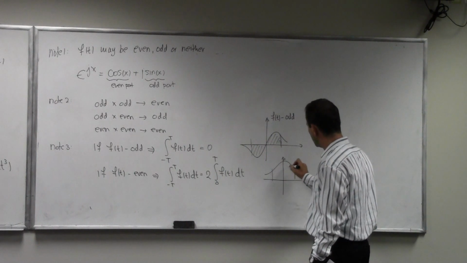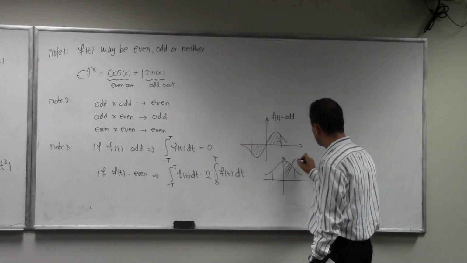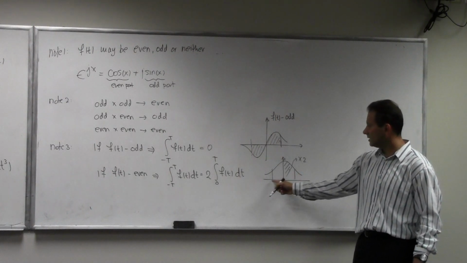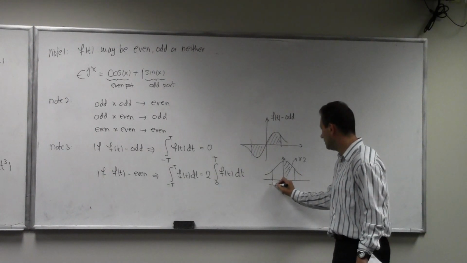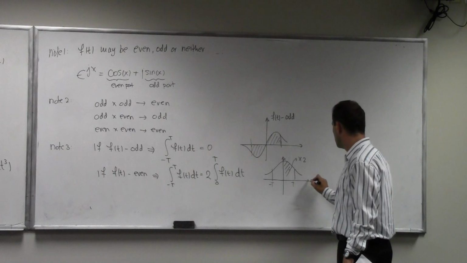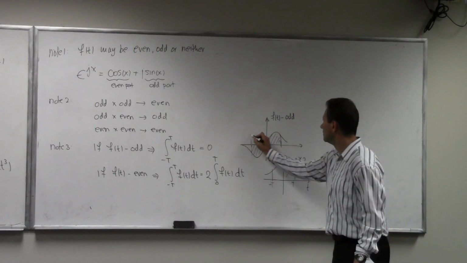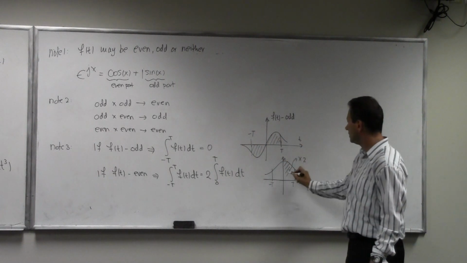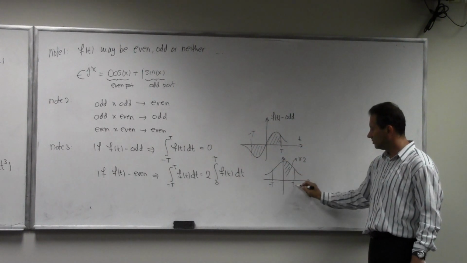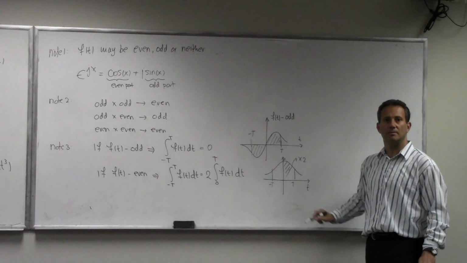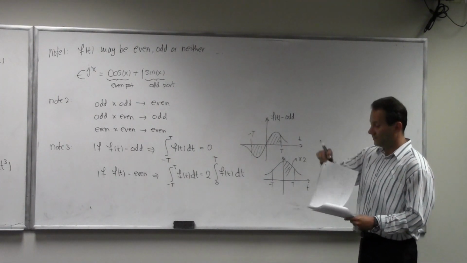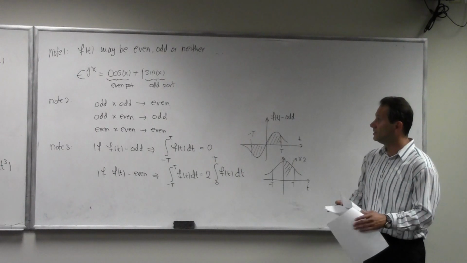So this entire area is equal to this times 2, right? So instead of integrating from minus t to t, I integrate only from 0 to t and multiply by twice.